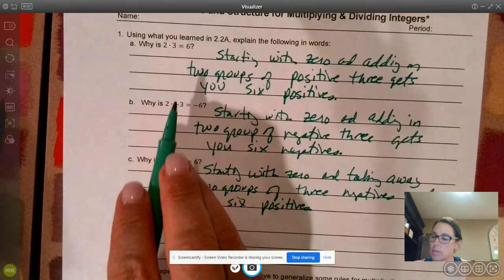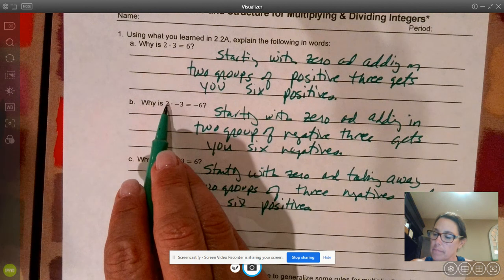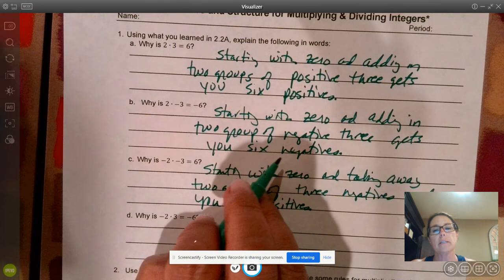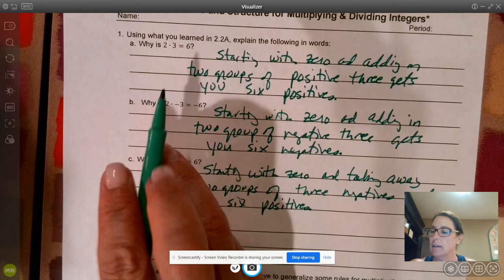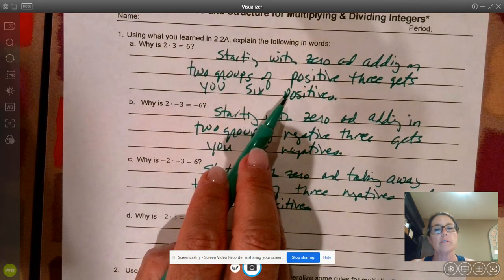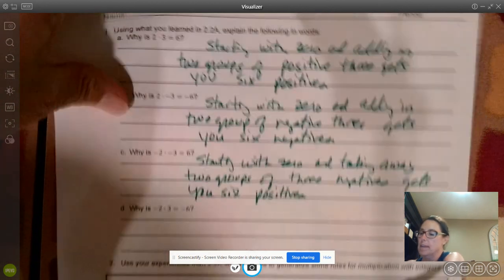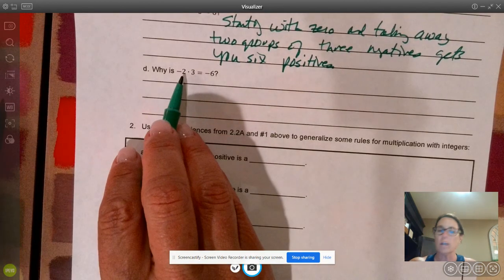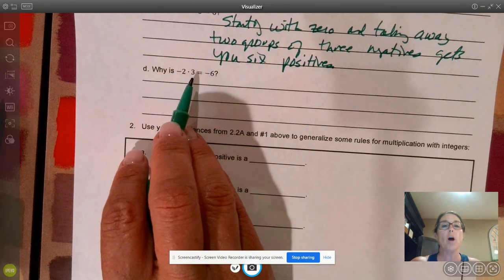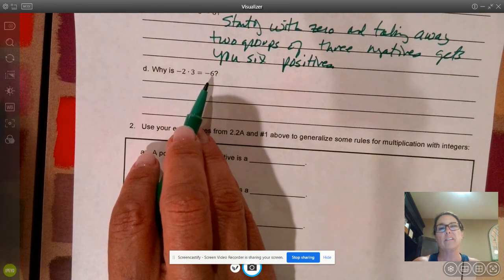Let's look at these. Add in negatives. Don't you end up negative? Add in positives. Don't you end up positive? Now for this last one, we're going to take away positive. Well, when you take away positives, don't you get more negative?